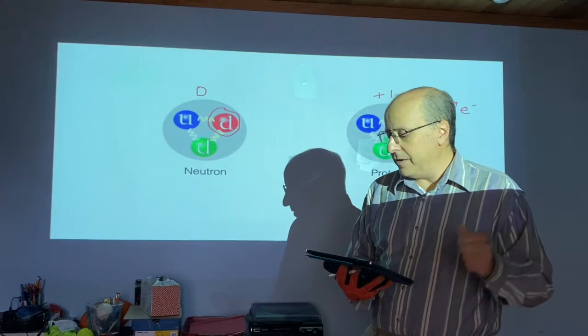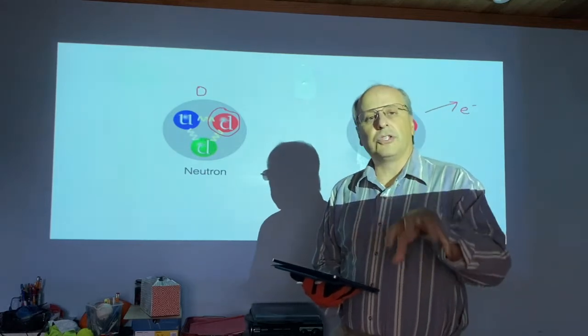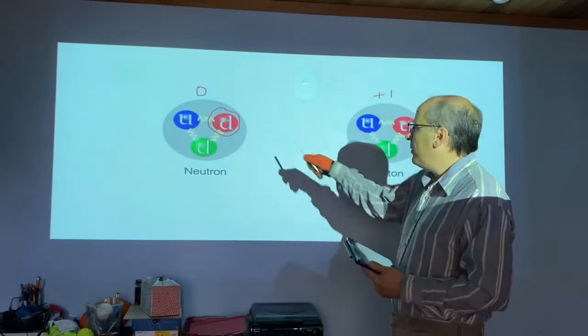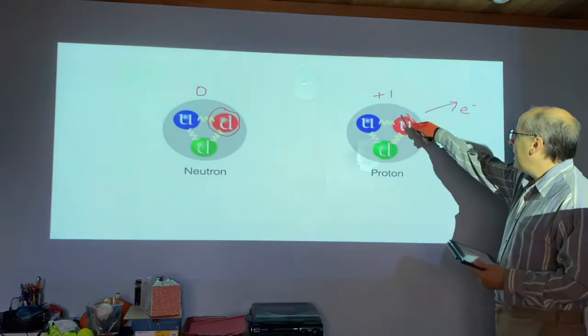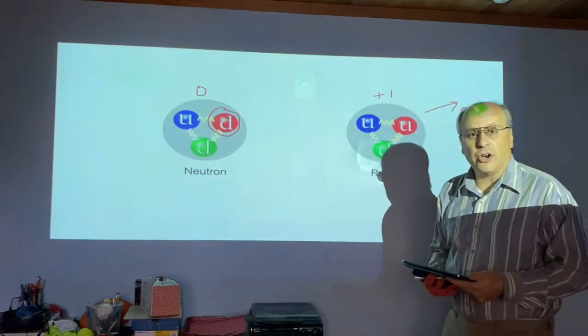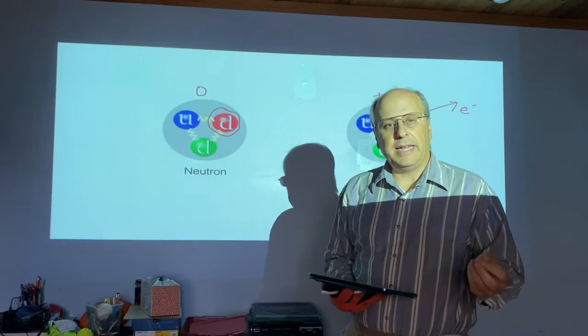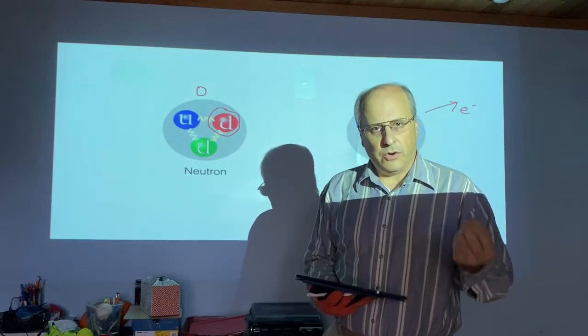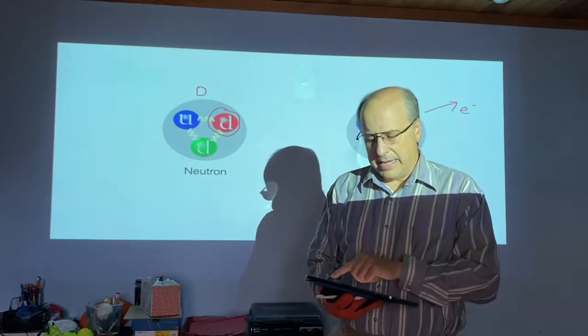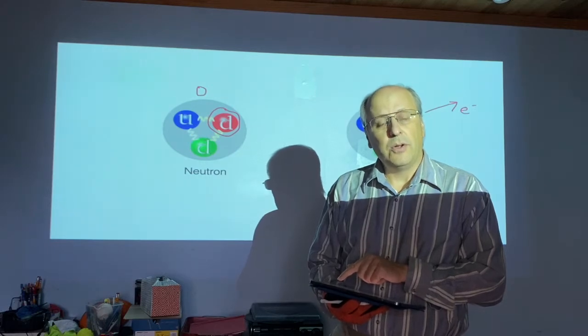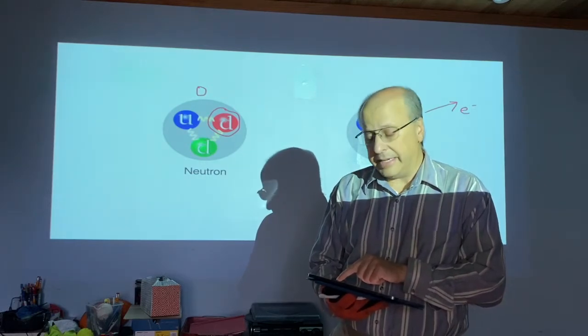And this beta negative particle shooting off conserves charge. So we start with no net charge, and afterwards we have no net charge. Very important idea. Charge is conserved in all reactions. You can't just have a positive charge appear without a negative charge balancing it out.